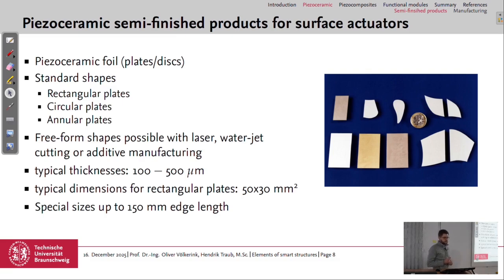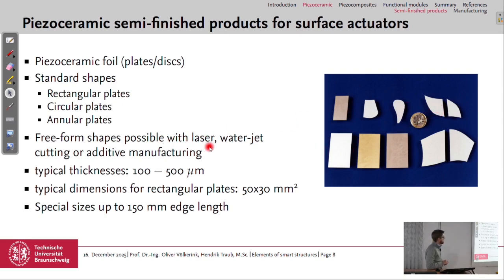Piezoceramic semi-finished products for surface actuators for these functional modules can come as plates, thin films or discs: rectangular plates, circular plates, or annular plates, like shown here, different shapes of these thin plates, and freeform shapes like these are also possible.